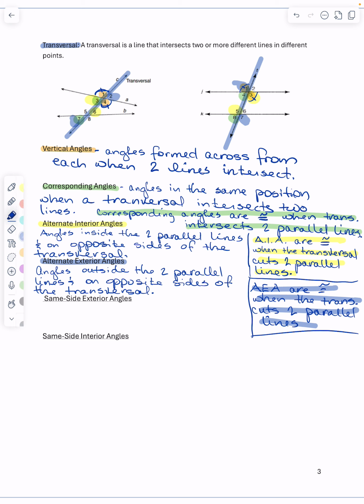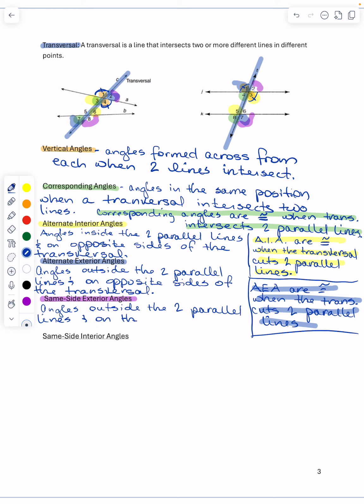Now we have same side exterior angles. 2 and 8 here, same side exterior. 2 and 7. On this one also 1 and 8. These are angles outside the two parallel lines and on the same side of the transversal.